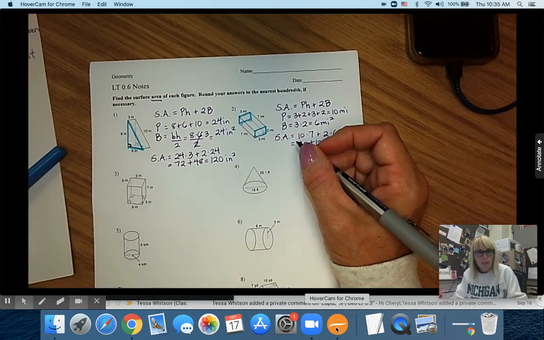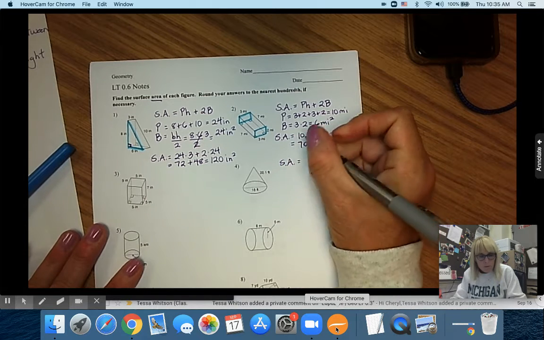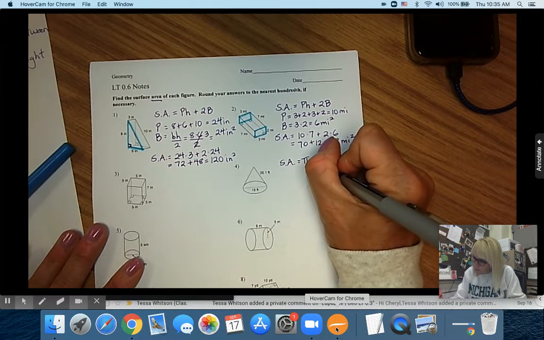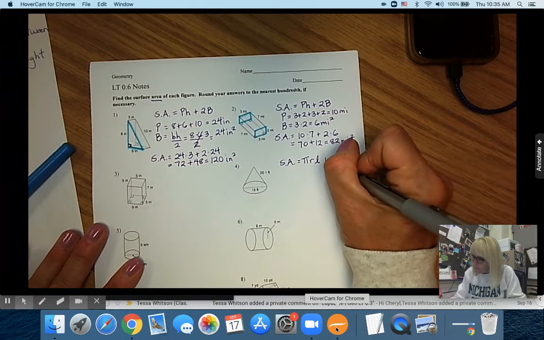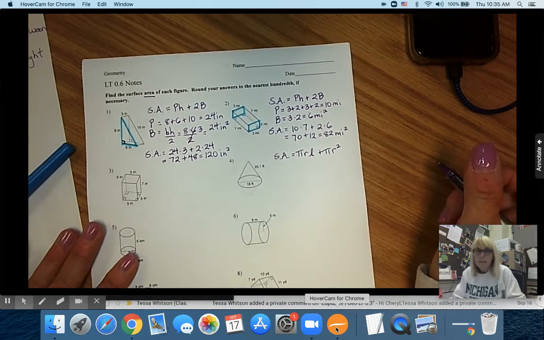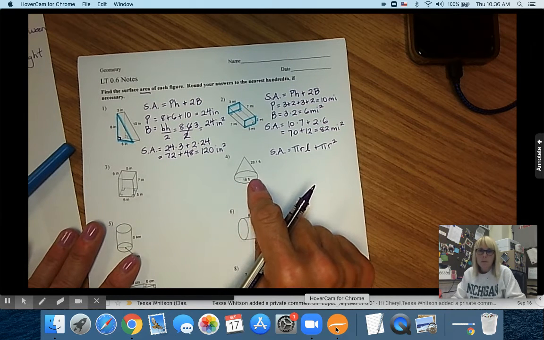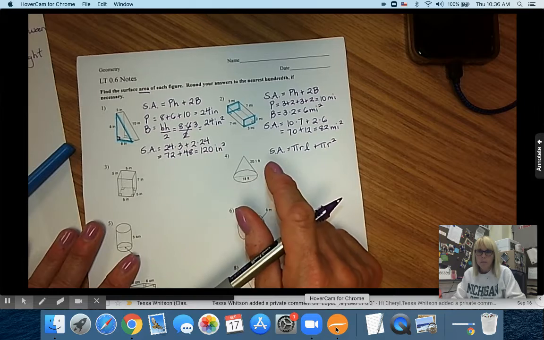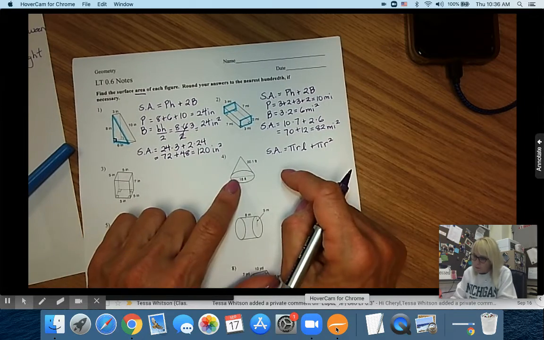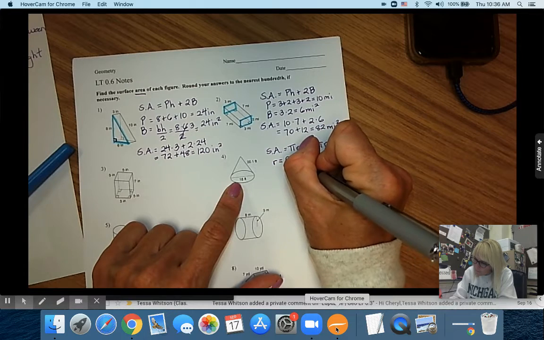So I'm going to look on my handy-dandy formula sheet and I'm going to write down that formula. Surface area equals pi times the radius times the slant height plus pi times the radius squared. Okay, now this one's a little tricky because it doesn't give you the radius, it gives you the diameter, but we had some practice with that, right? So if the diameter is 18 feet, then the radius must be 9 feet.